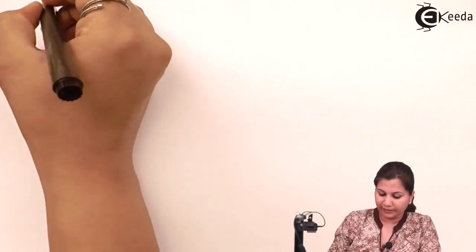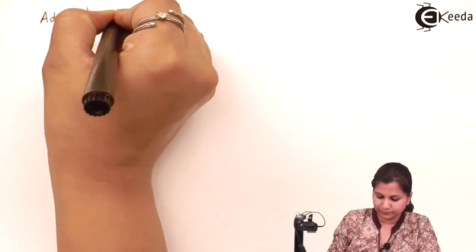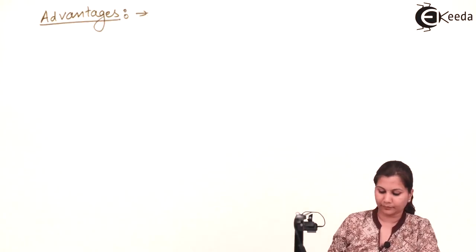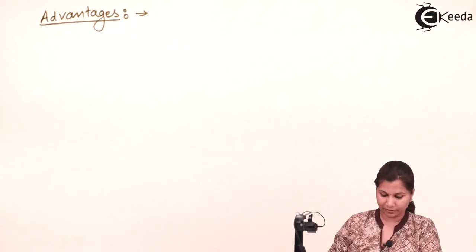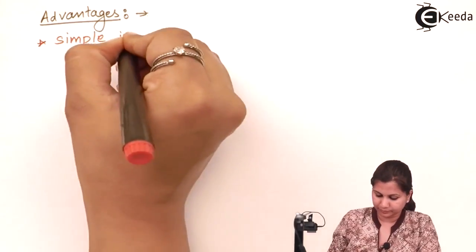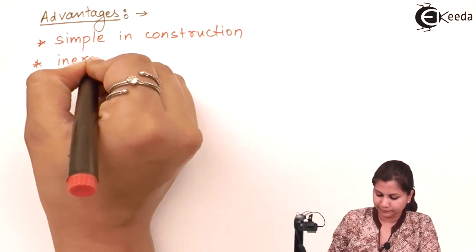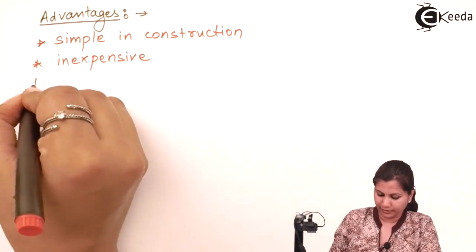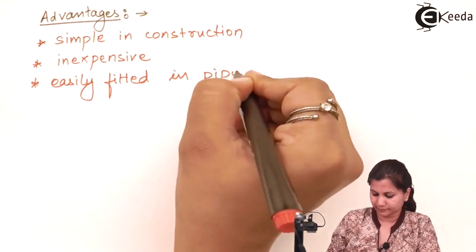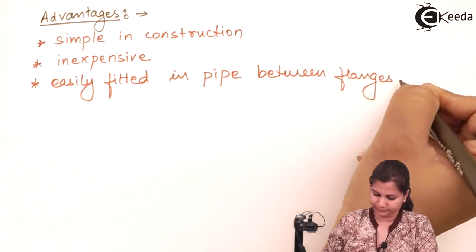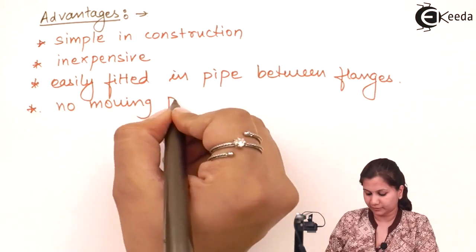Now comes its advantages. The first and foremost advantage of the orifice plate is that they are simple in construction. They are inexpensive. Easily fitted with the help of flanges. They have no moving parts, so no friction problem or wear and tear can occur.